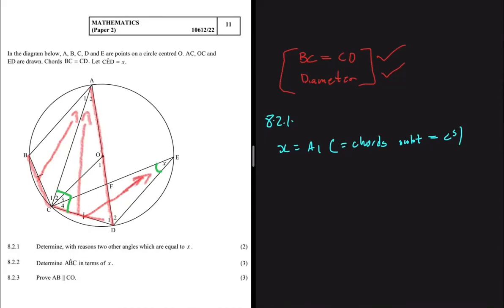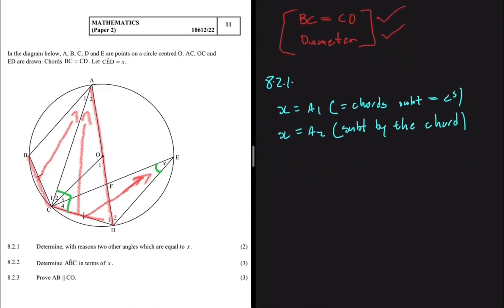So angle A2 is also equal to x, because they have been subtended by the same chord on the circumference of our circle. So we have done 8.2.1.